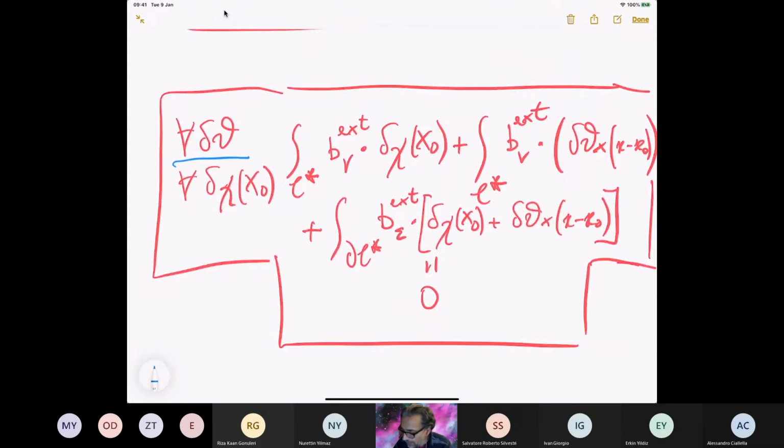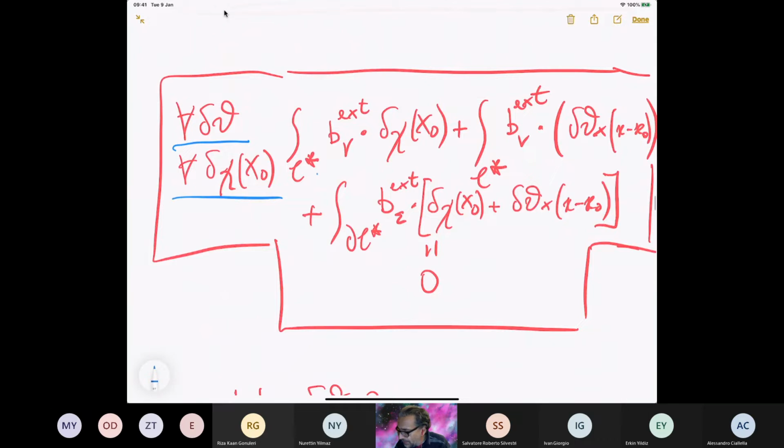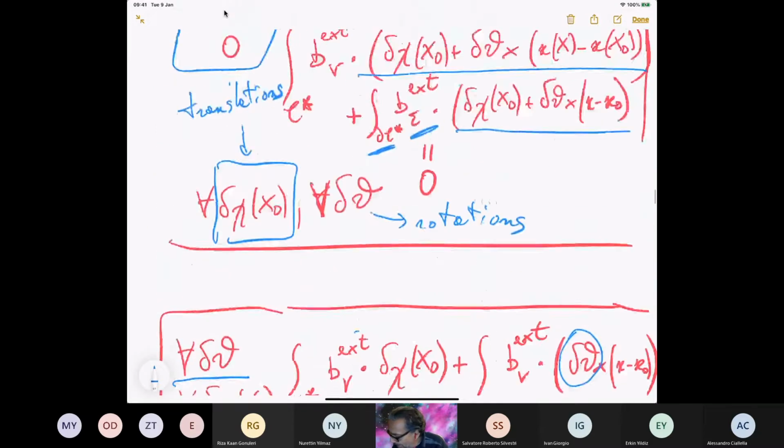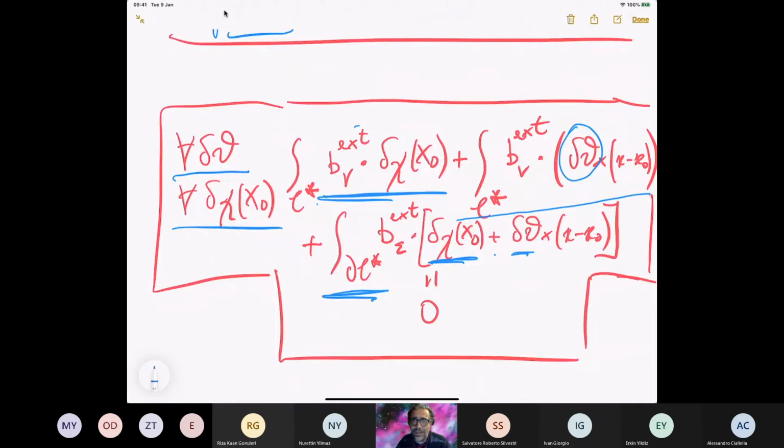So I have rearranged this expression. You have the integral over C star of b dot delta chi x0 plus this integral for every delta theta, plus the surface integral of the surface force dot the displacement plus delta theta, the rotation. So this is the same formula as I've written here, but I have started splitting the volume integrals.